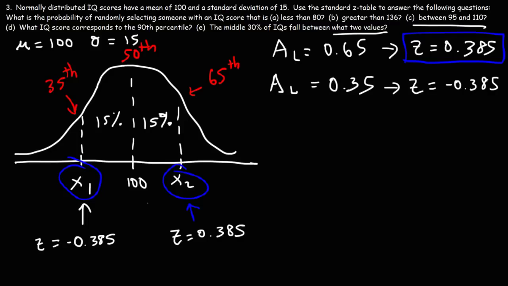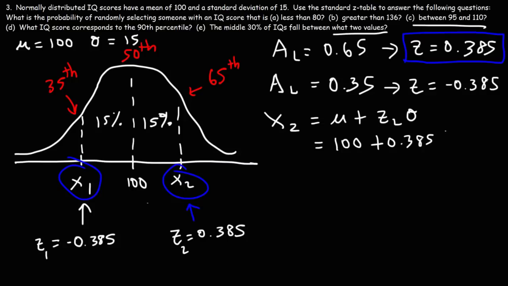So now that we have the z-scores, what we need to do is calculate the x values. So let's start with x2. This is going to be z2 and this is z1. So x2 is going to be the mean plus z2 times the standard deviation. So that's 100 plus positive 0.385 times 15.